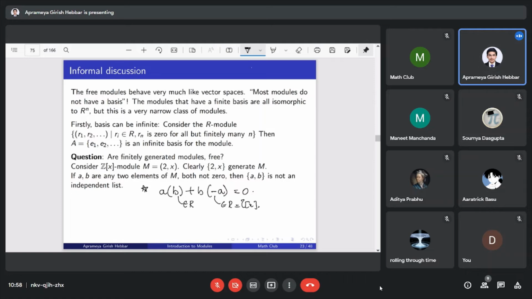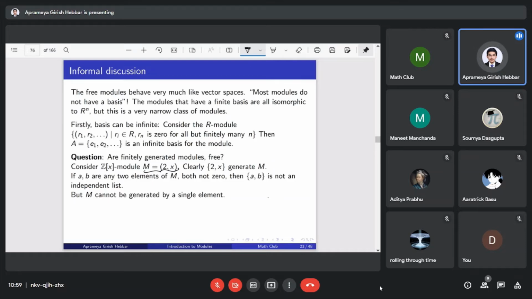So no two elements are linearly independent. If you want linear independence, you can have at most one element. But you can check that this module can never be generated by one element. You can't find one polynomial, one ideal generator, which has both 2 and x. So M cannot be generated by a single element.